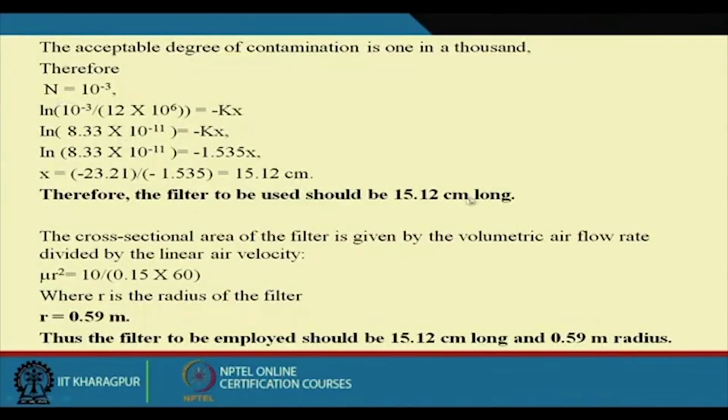If you put in this value, you can find the value of x, which is the depth of the air filter. This comes to about 15.12 centimeter. Then if you calculate the diameter of the tubes, it comes to 0.59 meter.